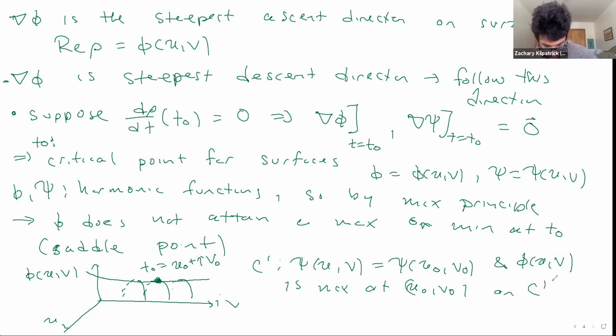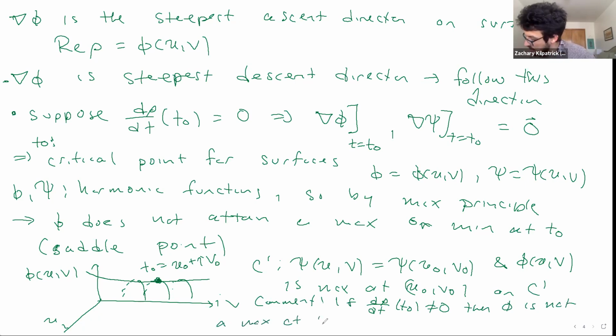So our comment then is that if d rho dt of t0 is not equal to 0, then phi is not a max at u0, v0, because the gradient of phi at t equals t0 is not equal to 0 in that case.